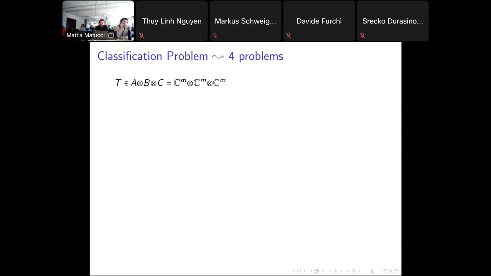Right, so first of all, we have this classification problem, and I'm going to break it into 4 sub-problems. I don't know whether this will make my life better or worse, but they really are very different kinds of questions in nature. So remember that a tensor is 1A generic if, when we think of it as a space of matrices, there's a matrix of full rank in the A side.